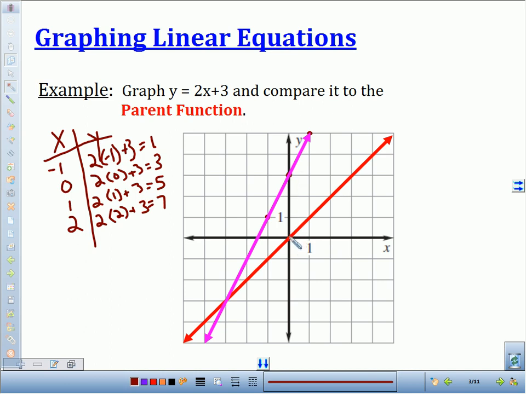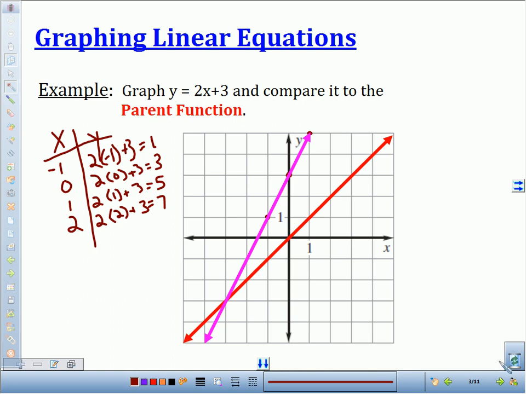In fact, my parent function y-intercept is at 0. This graph is at 3. You can also see that my new line is steeper than the parent function. The rise over run of my new line is rising 2, running 1. Rising 2, running 1 is bigger than rising 1, running 1.